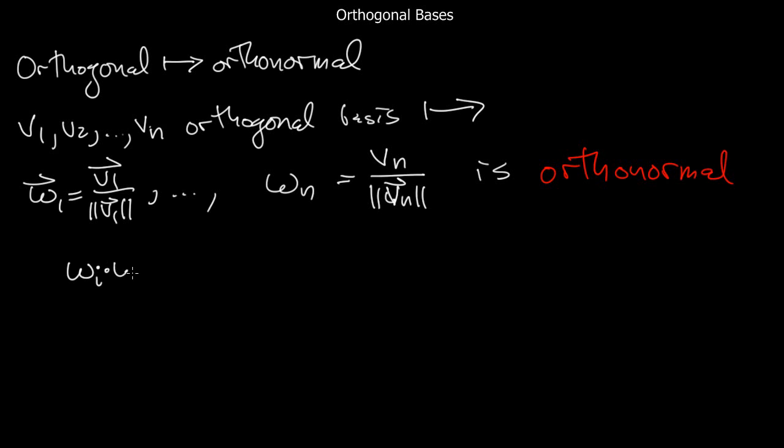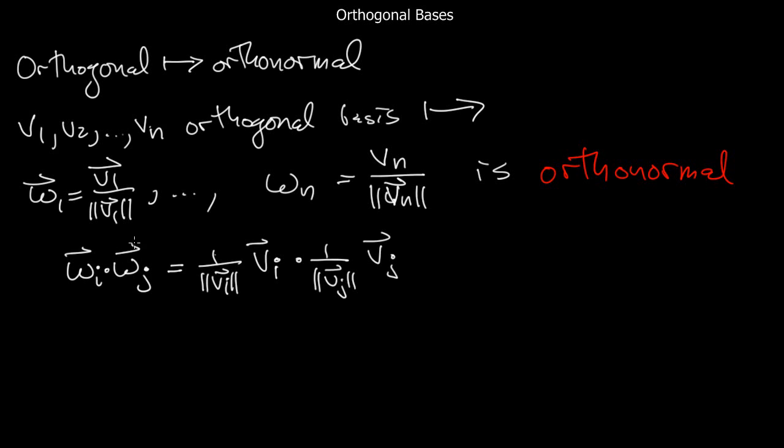So for example, if you take Wi dot Wj, what do you get? Well, you get 1 over the length of Vi times Vi dot 1 over the length of Vj times Vj. And these scalars pull out of the dot product.